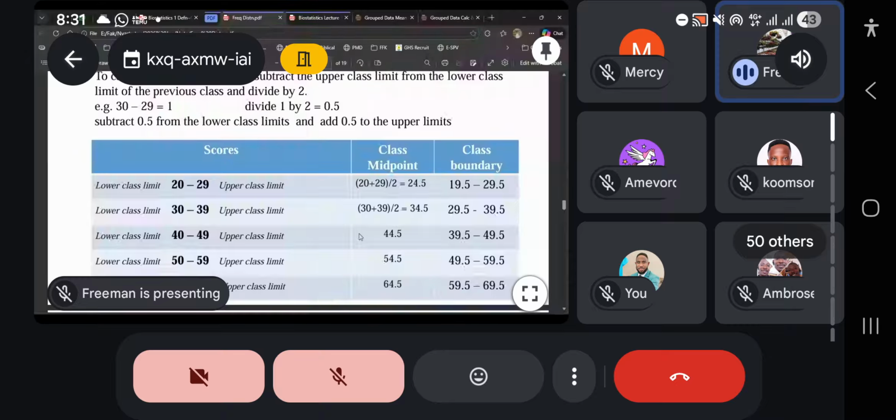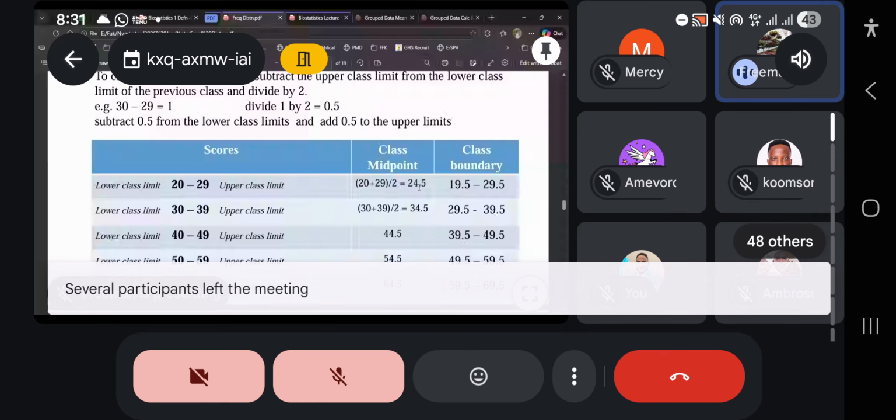Then the class midpoint: add 20 to 29 and divide by 2. In other words, find the average of these two numbers. That gives you 24.5.